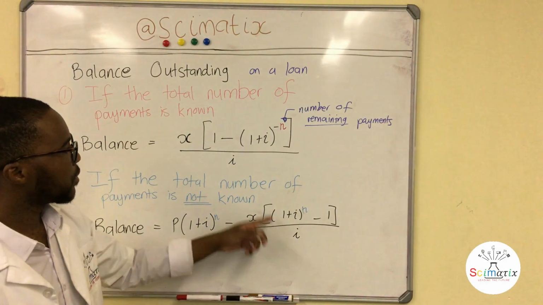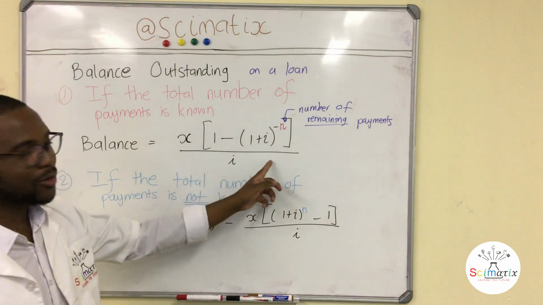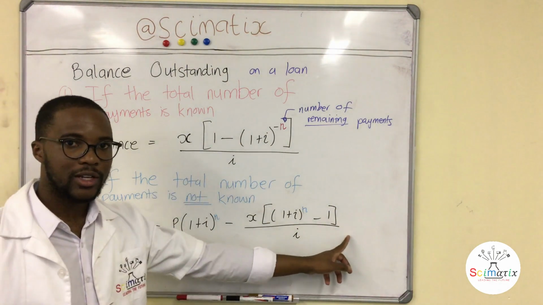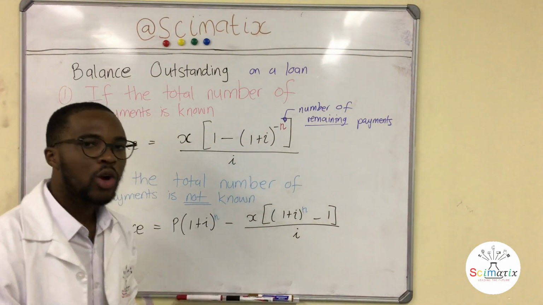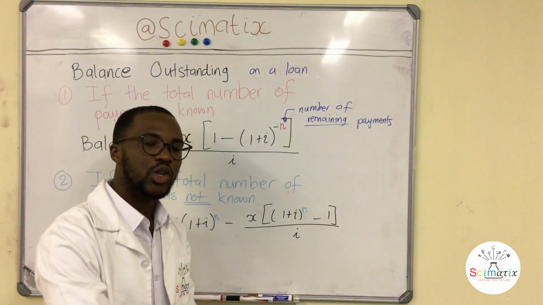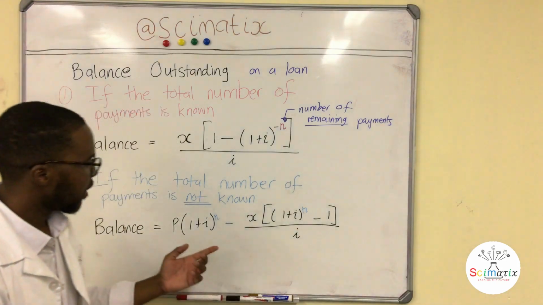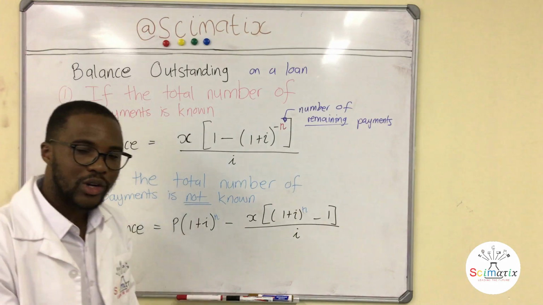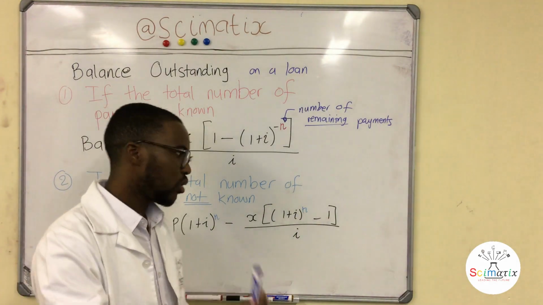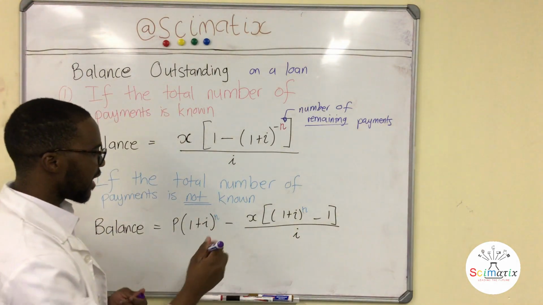So you notice the difference between these two formulas. This one is your present value formula, this is your future value formula. This one is accumulating all the payments I've made towards this loan, including the interest, and over here I'm accumulating the value of the loan itself, adding on interest up until the time that I'm at.